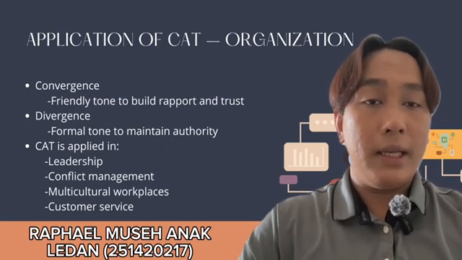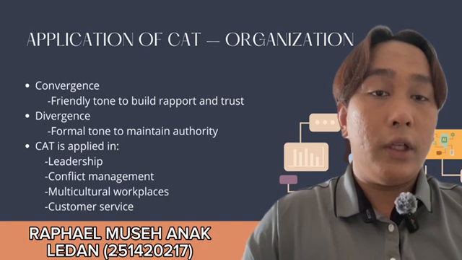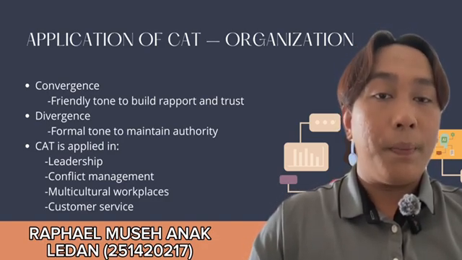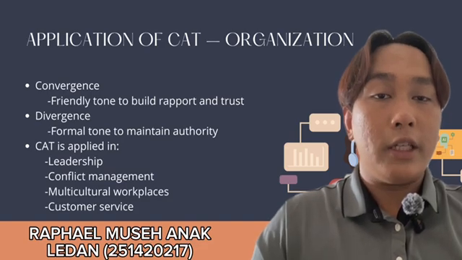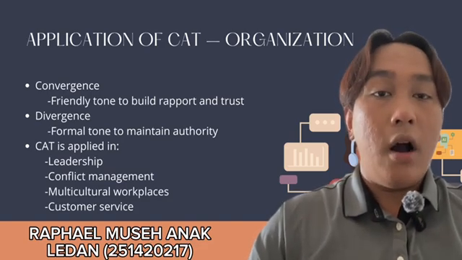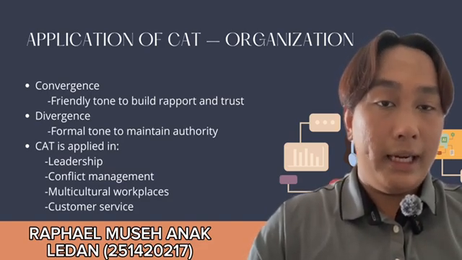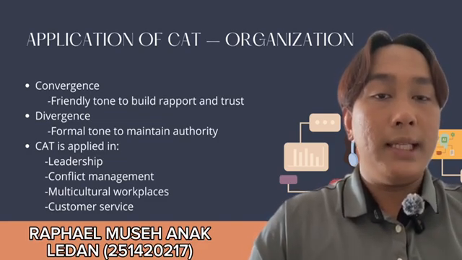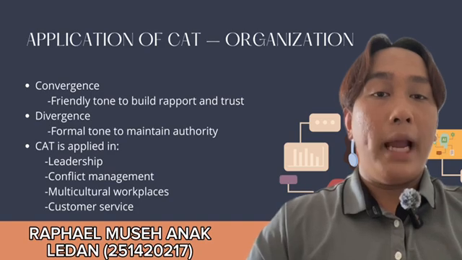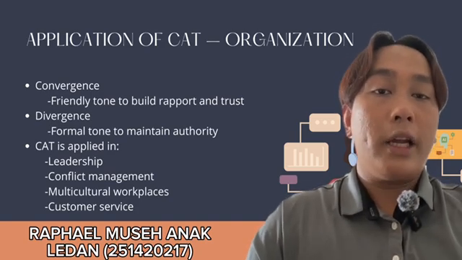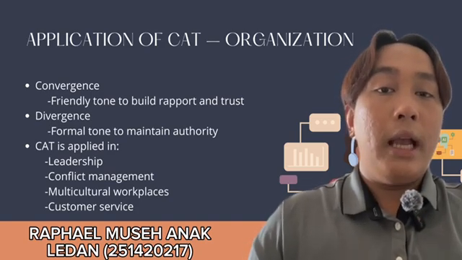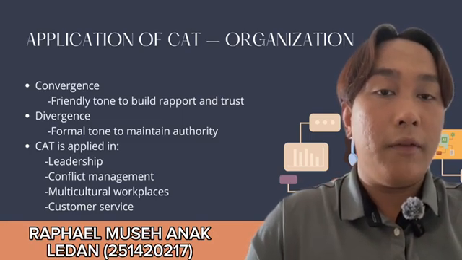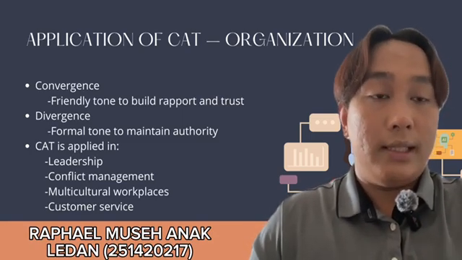The second concept is divergence, which involves using a more formal tone to maintain authority and professionalism, especially when giving instructions or making decisions. Overall, CAT is applied in leadership, conflict management, multicultural workplaces, and customer service. By adapting communication style, organizations can improve understanding, reduce conflict, and create a more positive working environment.